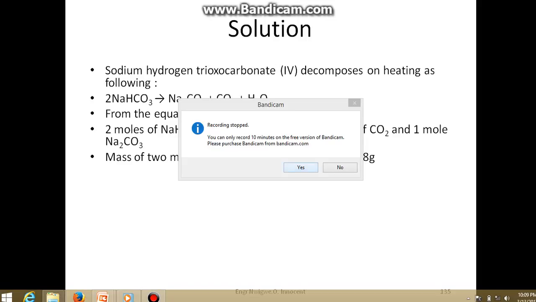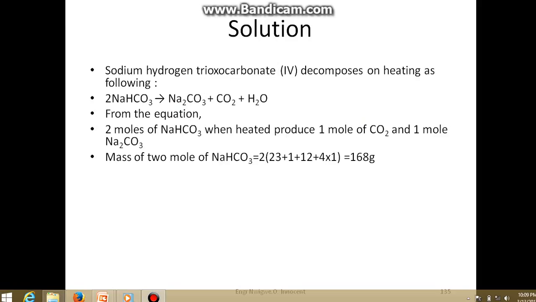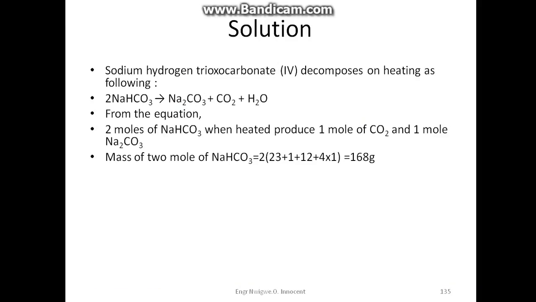The mass of 1 mole of sodium hydrogen trioxocarbonate will give 2 times 2, 23 plus 1 plus 12 plus 4 times 1, which will give us 168 grams. The mass of 1 mole of carbon(IV) oxide will give us 12 plus 16 times 2, which will give us 44.